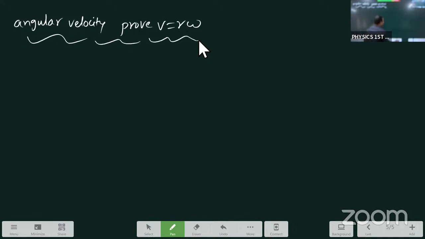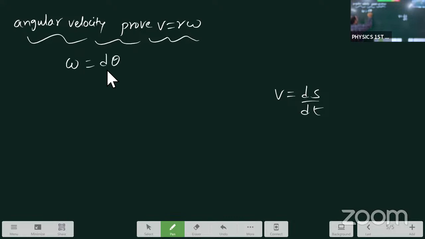Before that, you know our ordinary velocity, meaning linear velocity, is the rate of change of displacement. V equals rate of change of displacement. Instead of V, we are writing here omega, d theta by dt.